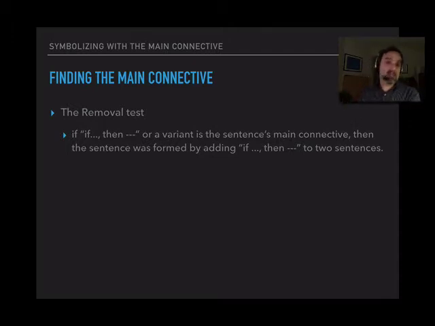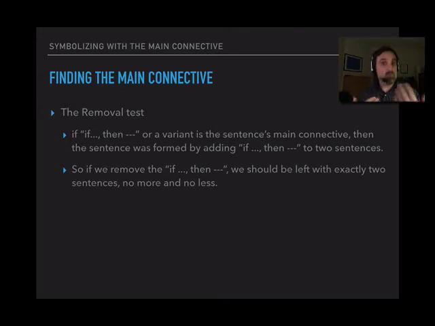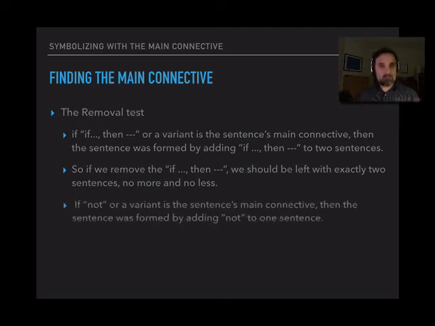That means if we take the if-then away, if we remove it, what should we be left with? Exactly two sentences, no more and no less. If we remove an if and we're not left with exactly two sentences, then that if is not the main connective. So that's a way to test for main connectives.